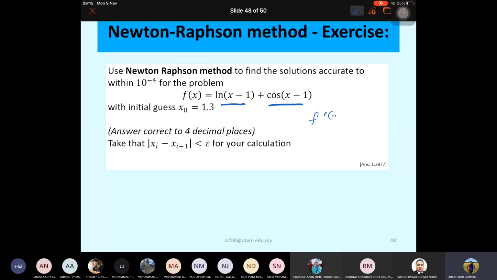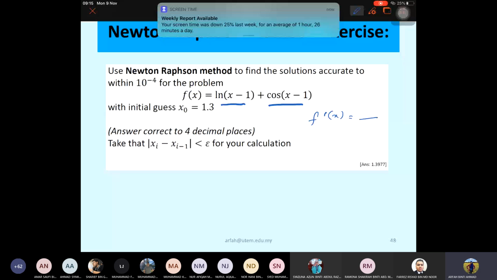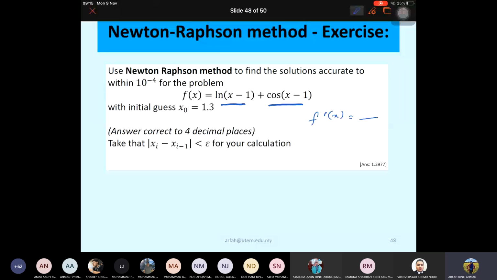Yang ini kena refer balik. So daripada sini try dan dapat jawapan dia sama dengan 1.3947. Okay. This is the final answer. Should get 1.3977. You can try this one by yourself. And also another example yang ini. So dapat jawapan 0.901.